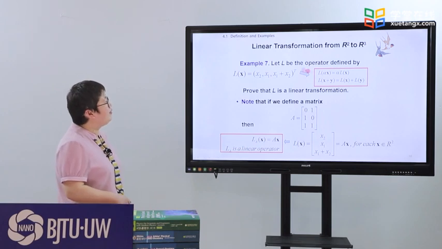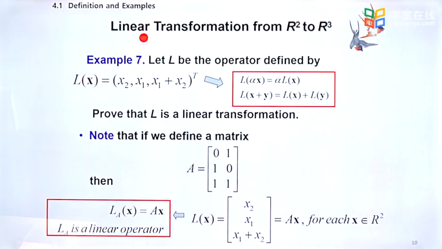And now we consider other examples which are linear transformations from R2 to R3. Given x in R2, we define this operator L of x equals (x2, x1, x1 plus x2). So the first component of Lx comes from the second component of the original two-dimensional vector x.